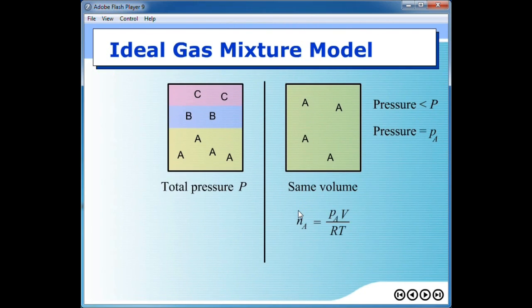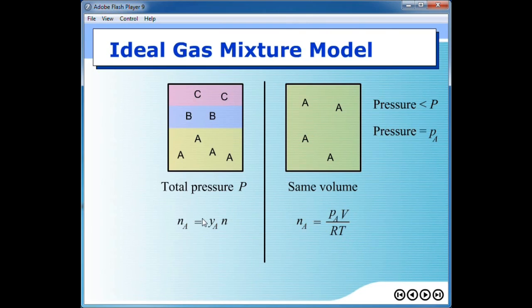All right. Now, if the system here, or my gas here, behaves like an ideal gas, I can calculate the number of moles using the ideal gas law. And right now on the right-hand side, the number of moles is equal to small pA, or partial pressure of A, multiplied by volume divided by RT.